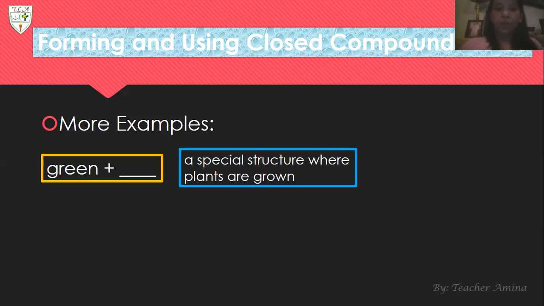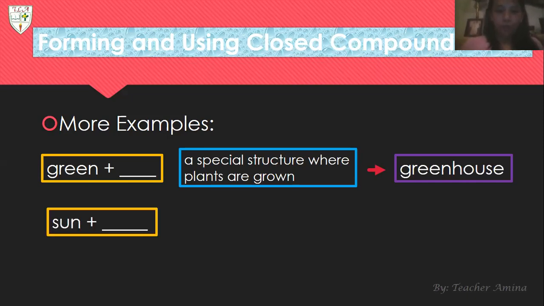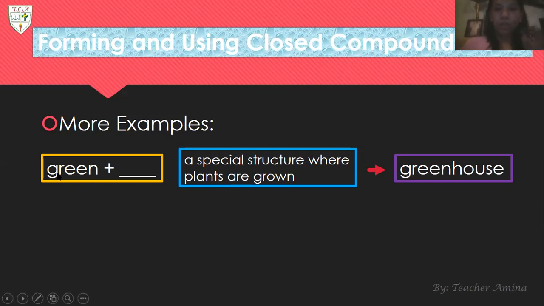Okay, so that is correct. This is a greenhouse. Here, green has the meaning of a color, a name of a color, and house has a different meaning, where a person lives, a shelter.